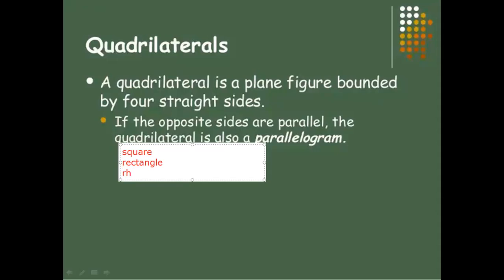Okay, there is no right angle. That is the rhombus.